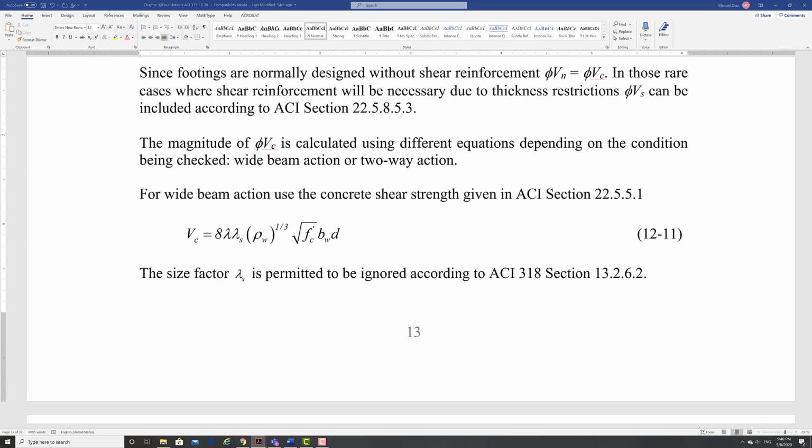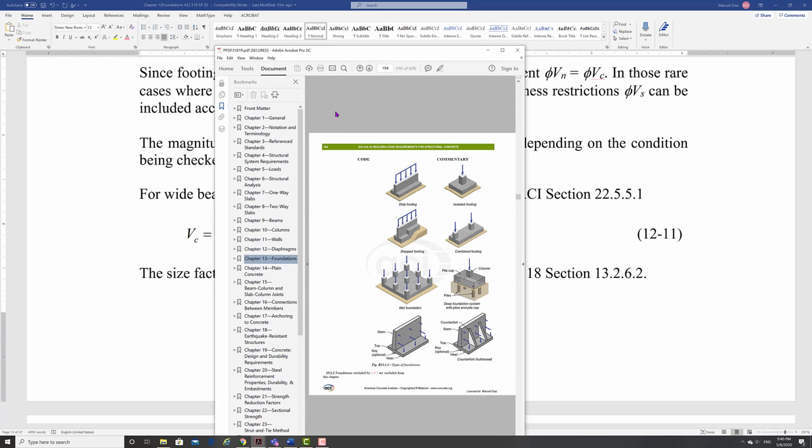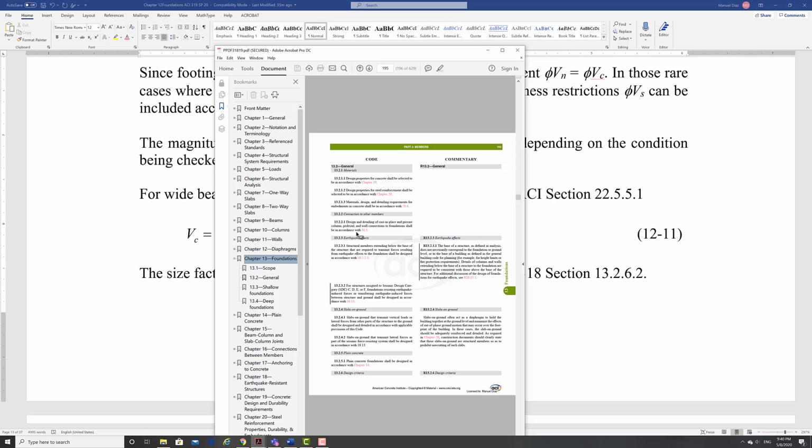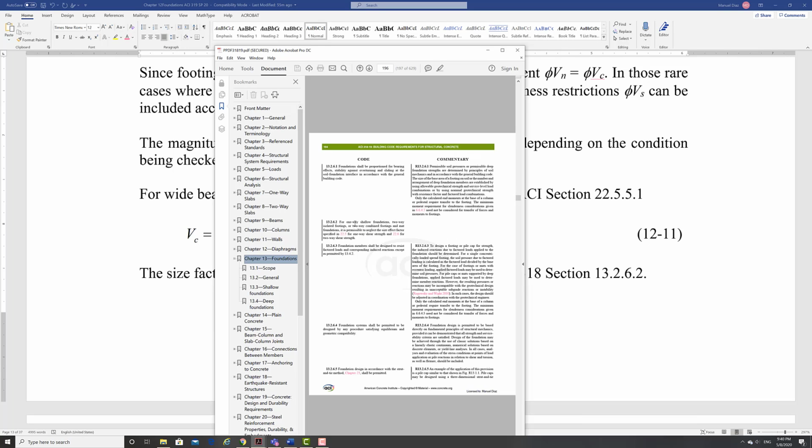No, let's see. Code right here. Okay, here is the code. So chapter 13 is foundations, and so lots of little things in foundations here. 13.2.6.2 right here. Okay, what is this thing?